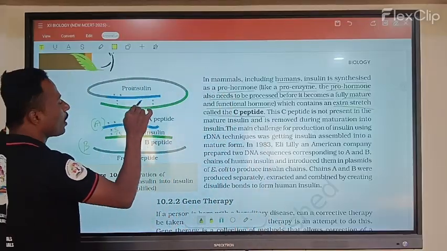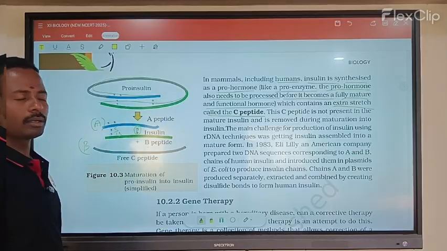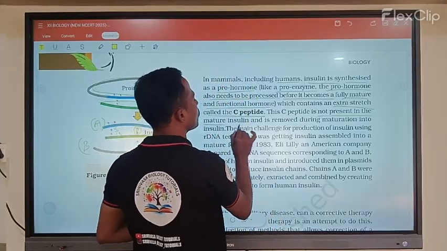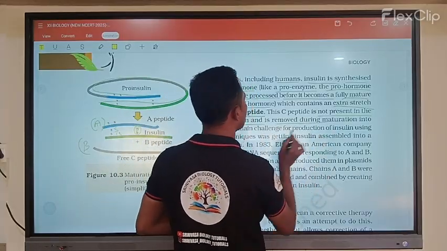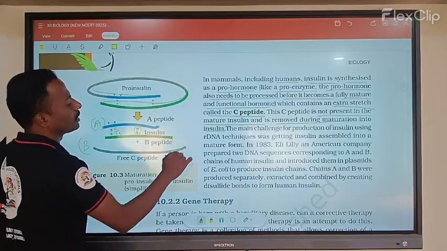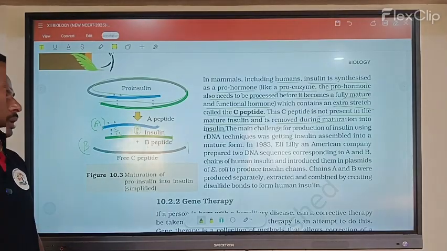So after the disulfide bridges form, the C peptide is formed. This C peptide is not present in the mature insulin and is removed during maturation into insulin. After maturation, it is cleaved in different regions and makes a completely mature insulin.